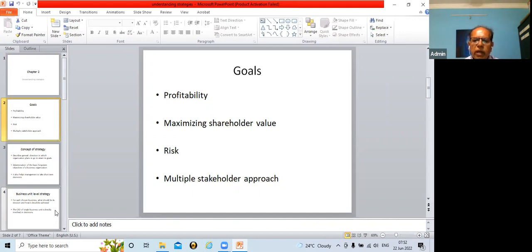First mission, and then with the help of mission we develop objectives, and considering objectives, strategies are being planned. So this was all about understanding strategies.